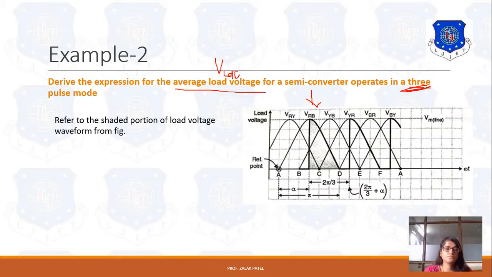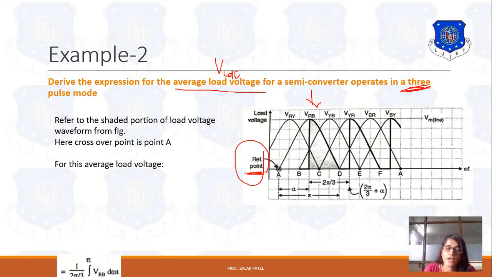So let's start. Refer to the shaded portion of the load voltage, means this portion. For this portion, the crossover point is point A, because this is taken as the reference point, that's why we take all the readings with respect to that particular A. Now the average load voltage can be written as 1 upon 2 pi by 3, because this shaded portion has the phase difference 2 pi by 3.